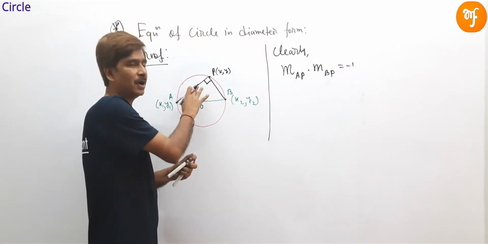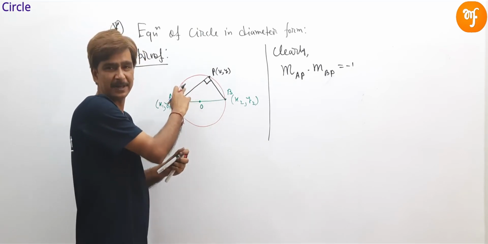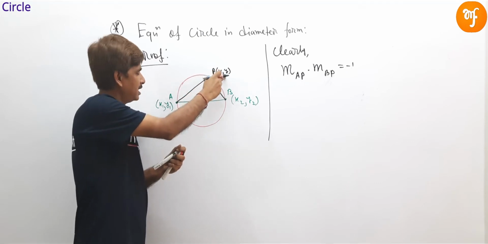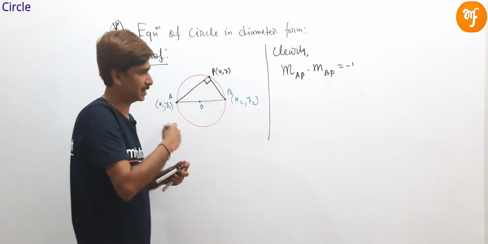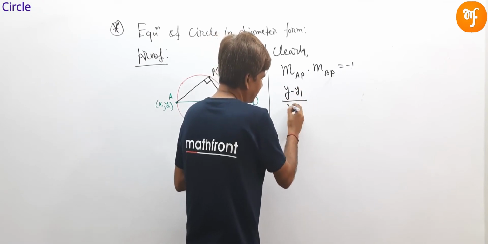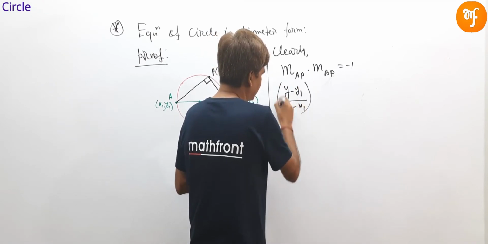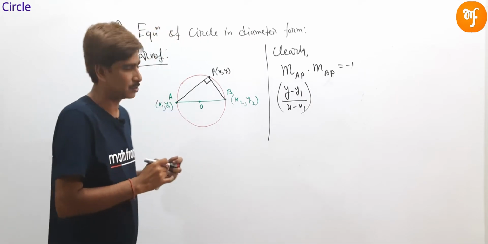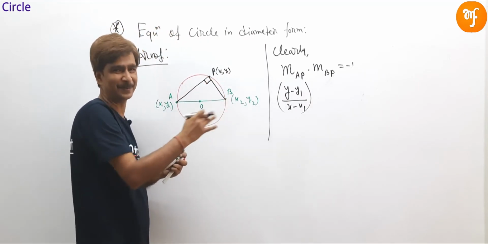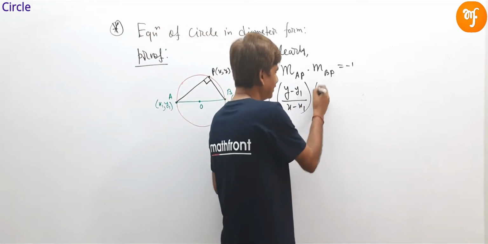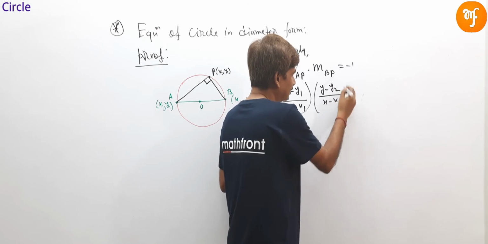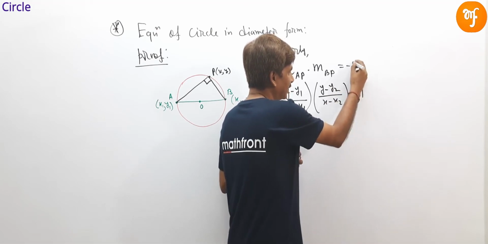Now what is m of AP? The slope of the line AP is y minus y1 divided by x minus x1, and the slope of the line BP is y minus y2 divided by x minus x2. So we write y minus y1 divided by x minus x1 into y minus y2 divided by x minus x2 is equal to minus 1.